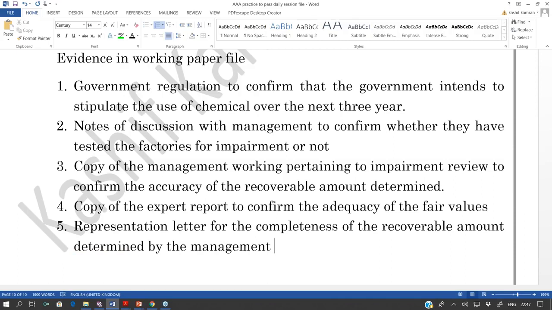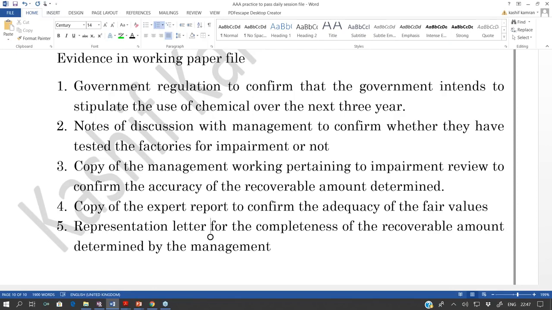Yes, representation letter for the completeness of the recoverable amount determined by the management, right? The word management is coming in the last, right, Ali Raza? So that's very clear. The representation letter is from the management.